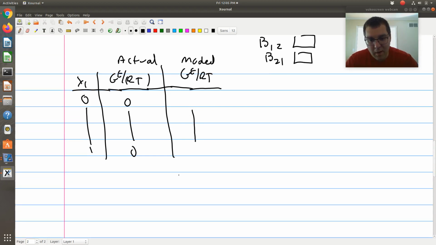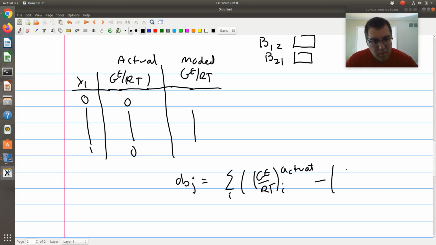So my objective function would be the sum of, for my ith value, given the x1 value for my ith row, the actual GE over RT minus GE over RT from the model, squared, right?